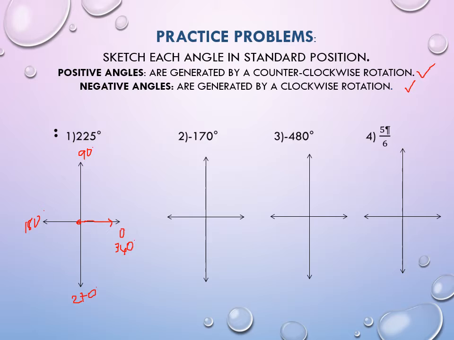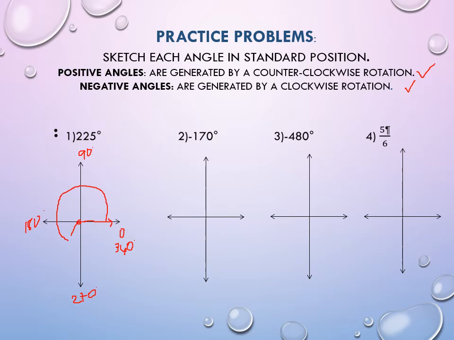Okay, so when we try to do our rotation here, it says 225. It's a positive angle, so it's counterclockwise. We go ahead with the initial side and say, okay, here we have 90 degrees, here we have 180 degrees. It says 225, so that would be 45 more.